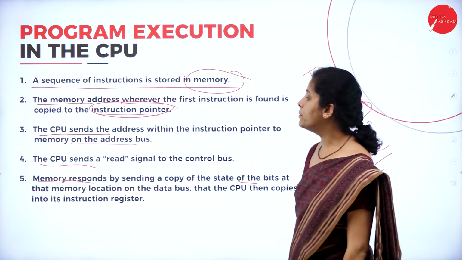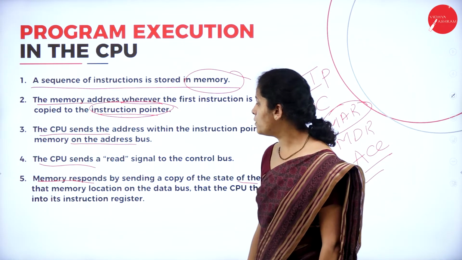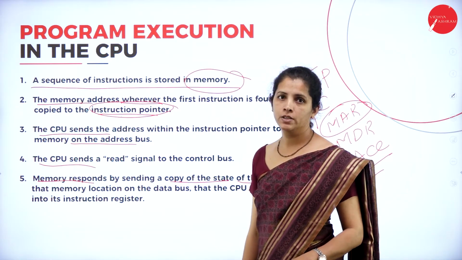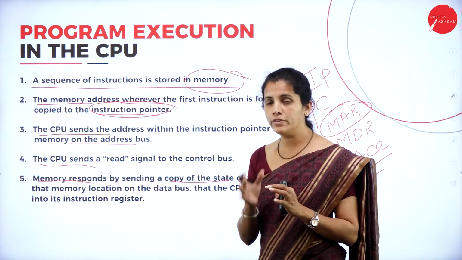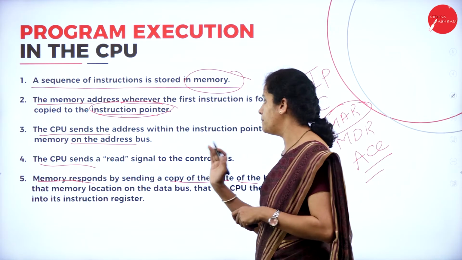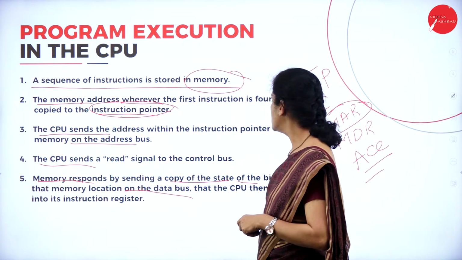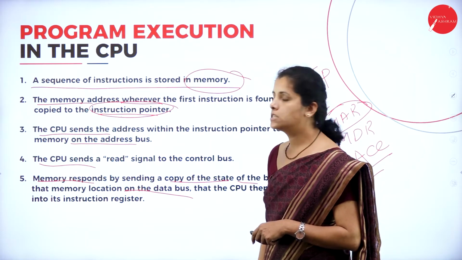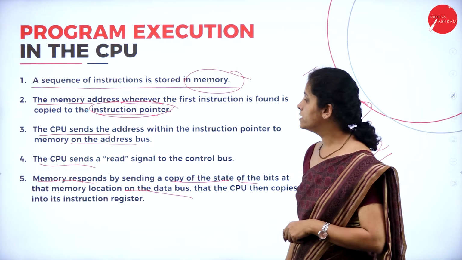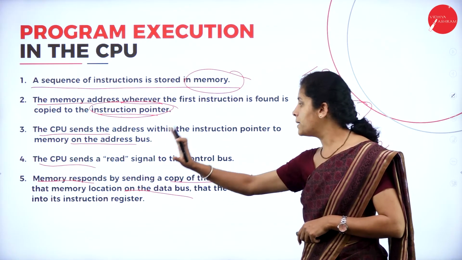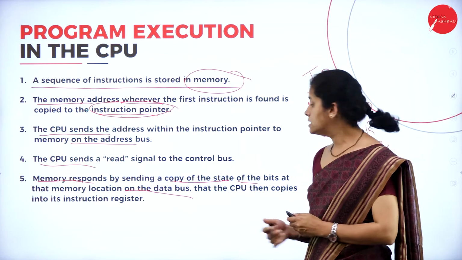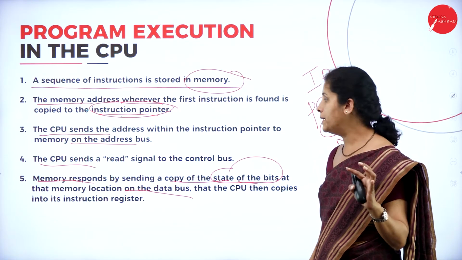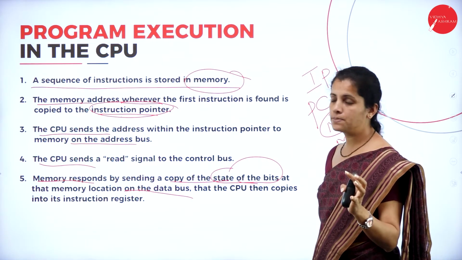So, the computer memory responds by sending a copy of the state of the bits at the memory location on the data bus, and the CPU then copies that into its instruction register. It is going to send the state of the bits where the data is present.